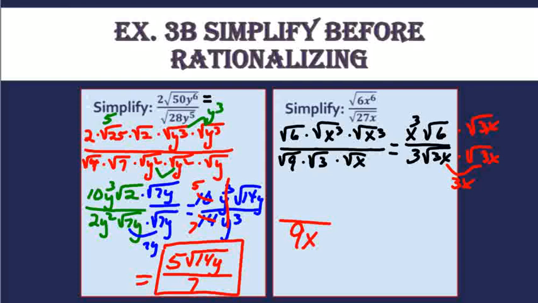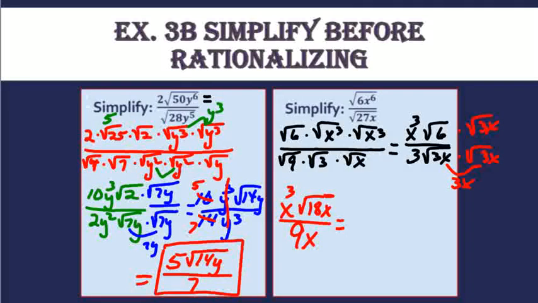The numerator, I have x cubed on the outside. 3 times 6 is the square root of 18x. And I know I can break this apart even more because I can take square root of 9 out of square root of 18.